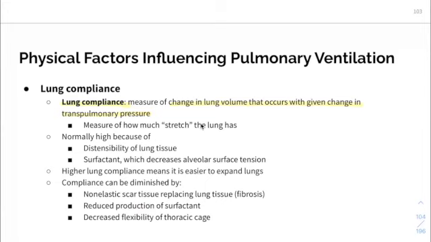And it could be because of fibrosis. We may not be producing enough surfactant. Sometimes as we get older, the costal cartilage can start to calcify, which causes a decreased flexibility in that thoracic cage.